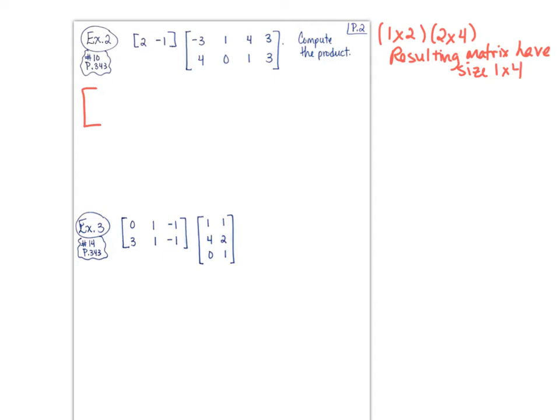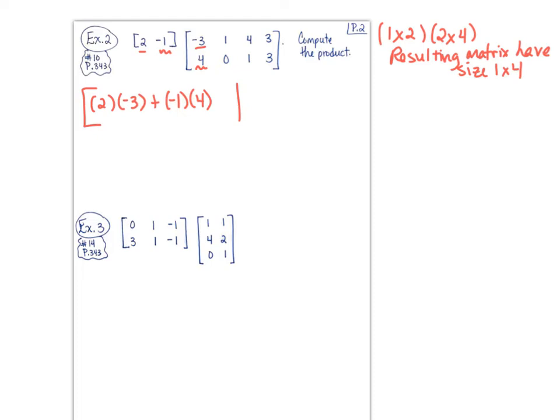So this would be 2 times negative 3, plus negative 1 times 4. That's going to give us the first entry. Typically we wouldn't write a bar to indicate it's something else, but I'm going to do it just to let you know we're separating entries. Typically you would not do this. I don't recommend doing it.